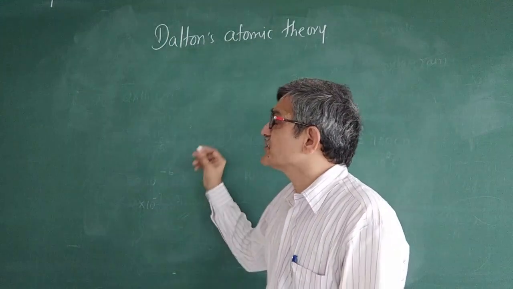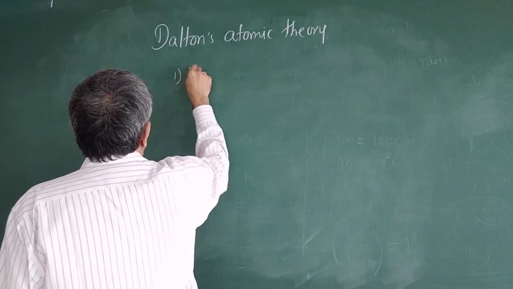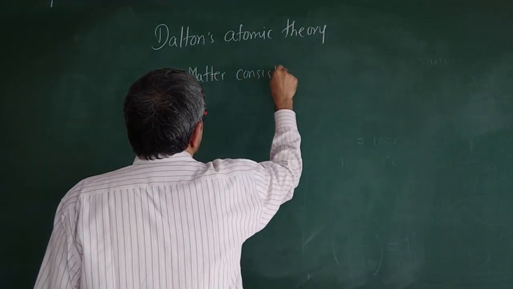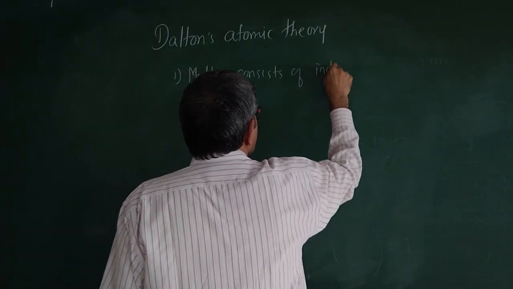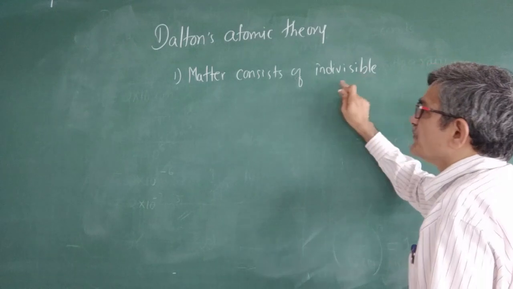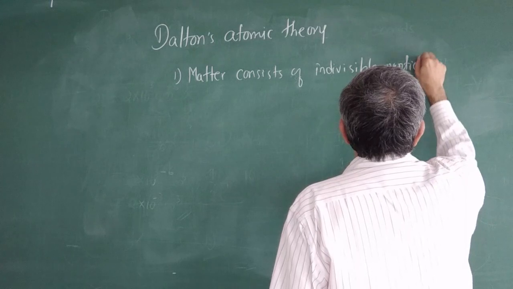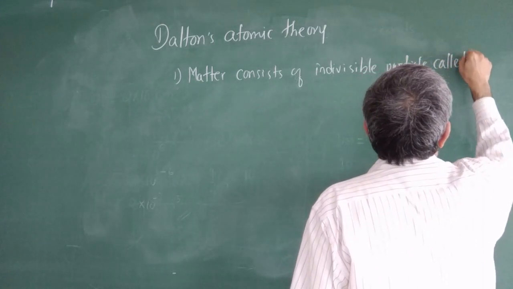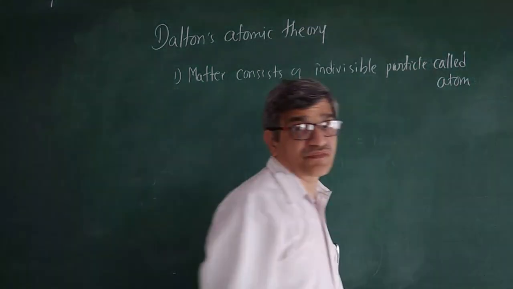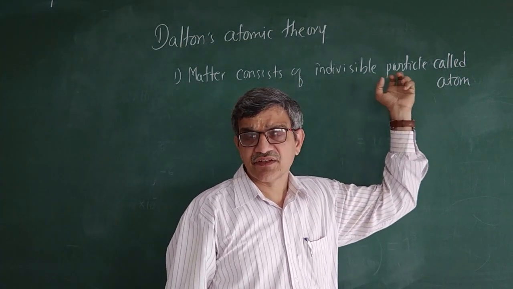In that, the first one is: matter consists of indivisible particles called atoms. Indivisible is only one word, not divisible separately. So matter consists of indivisible particles. They are called atoms.